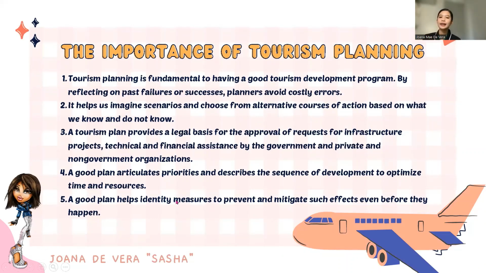And lastly, a good plan helps identify measures to prevent and mitigate such effects even before they happen. Planning provides a means for addressing complex problems in an imaginable way. The most effective plans are clear, concise, and direct.